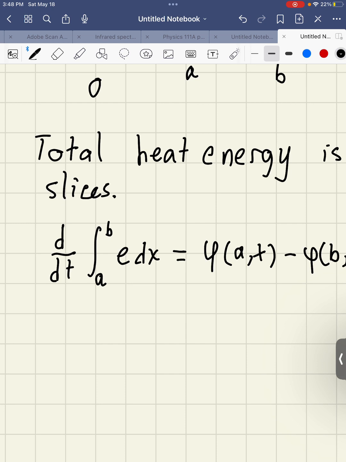Therefore this integral depends only on time, because I'm integrating with respect to x and I have upper and lower limits. So I substitute those limits and get rid of x, and the only component left in this equation is time.